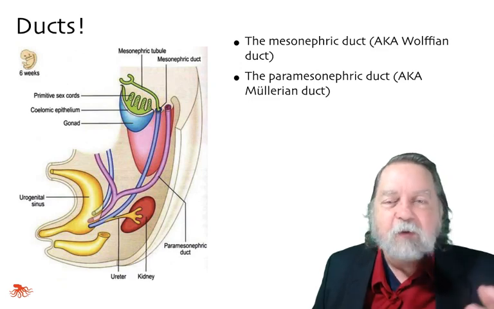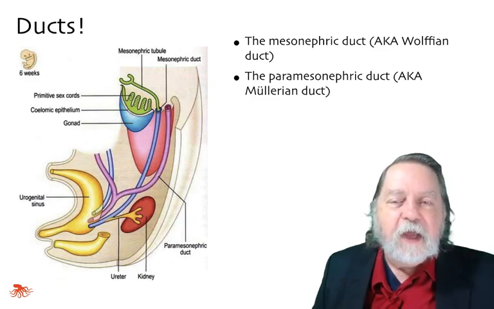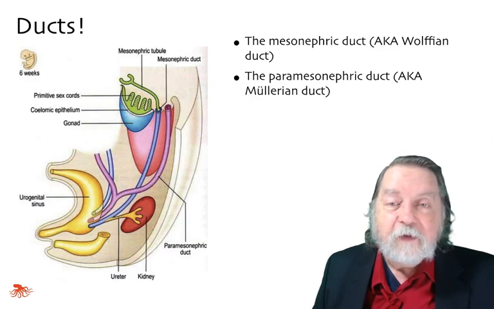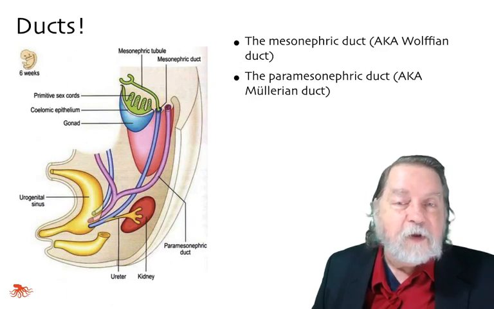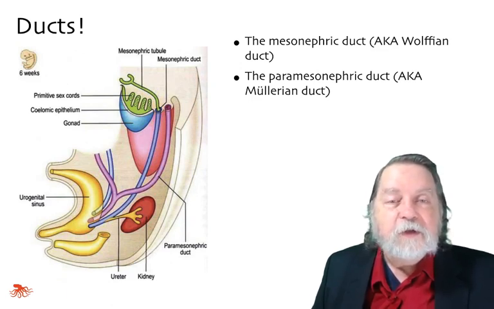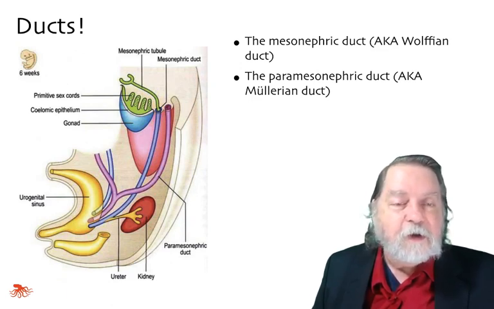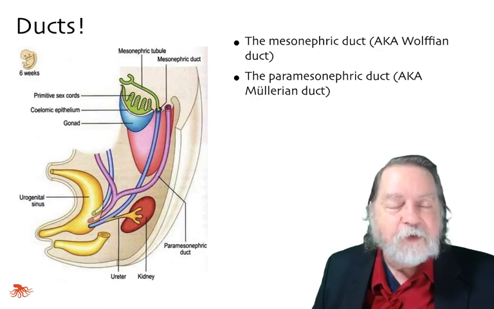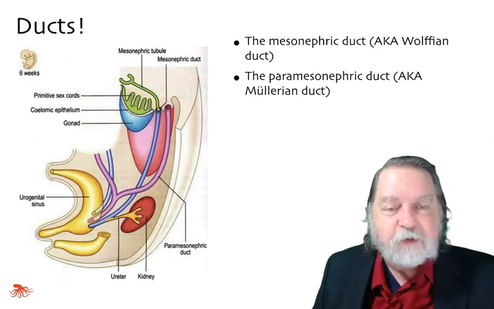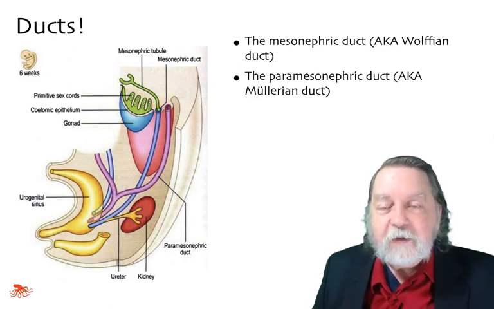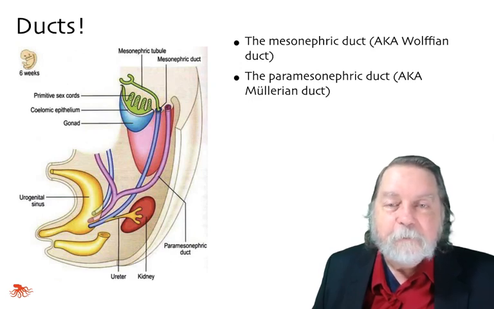So it's got the same role as it's carrying waste products out to the cloaca for disposal. But it is fully hooked up into this primitive kidney. It contains these things called mesonephric tubules, which terminate in structures called Bowman's capsules and glomeruli. If you know your kidney anatomy and kidney function, you know what those are. Those are actually the filtration units of the kidney. So it is acting as a filter here.